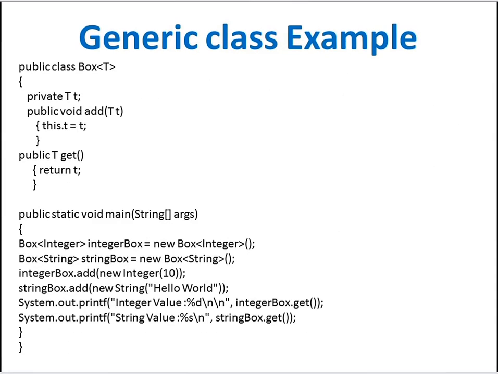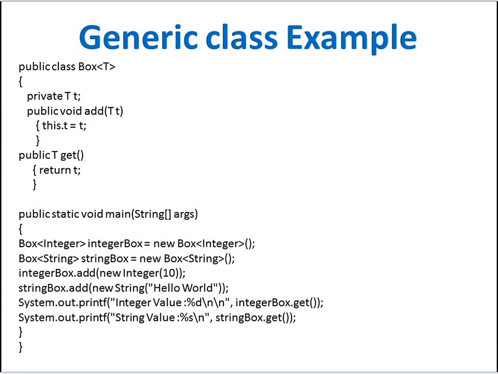This is an example of a generic class. Here public class Box<T>, where T is a generic parameter or generic placeholder. Private T t, then public void add T t, this.t equals t, then public T get returns t.